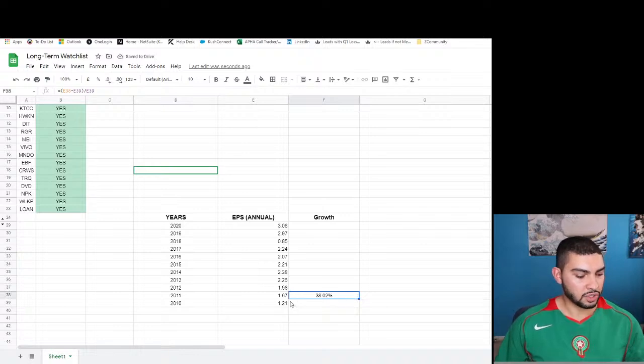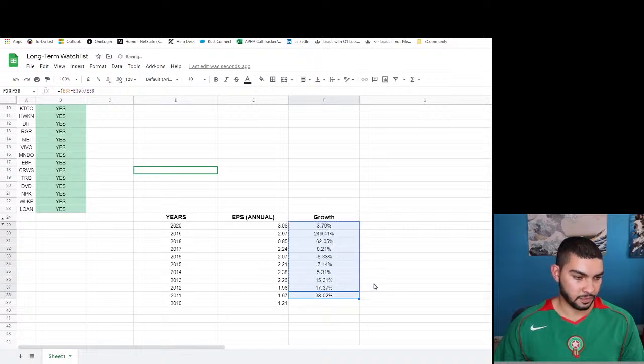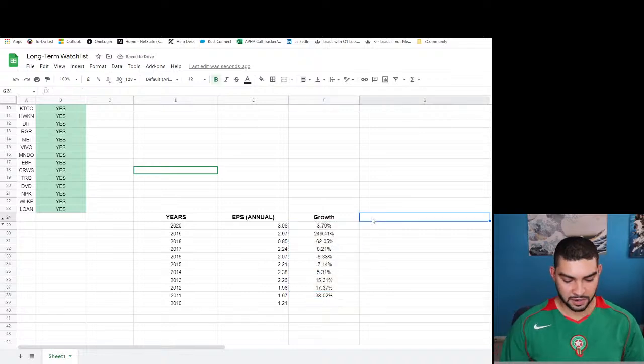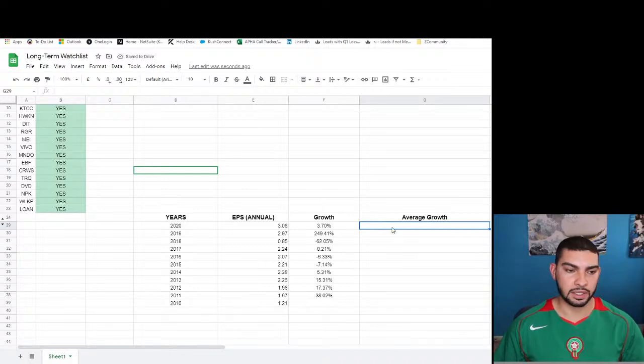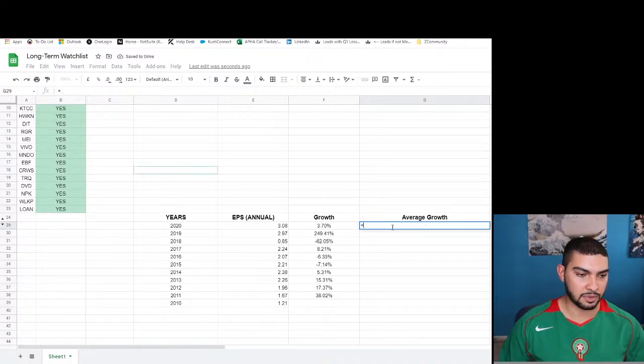Just to double check that our calculation was right, 1.67 minus 1.21 divided by 1.21, it's about a 38% change, which is a good thing. Now let's see if we drag this over to here. And then from here, we calculate average growth over the past 10 years, because obviously you're not going to get something that's consistently getting that same 10% return.